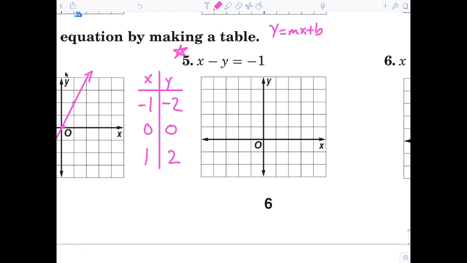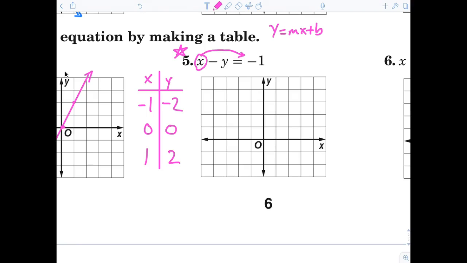Now, that means I want to get y by itself. Is the y by itself? No. The x is in the way. Does everybody agree with that? So if the x is in the way, I need to move that to the other side. If it's positive x on the left side, it's going to be negative x on the other side.